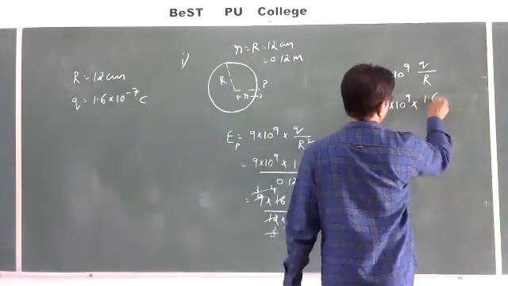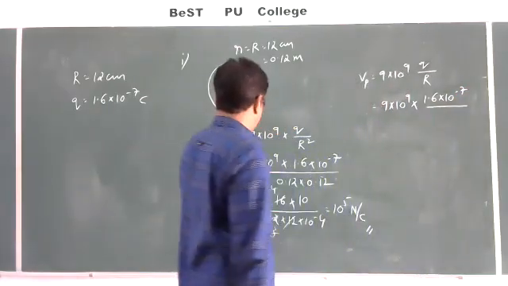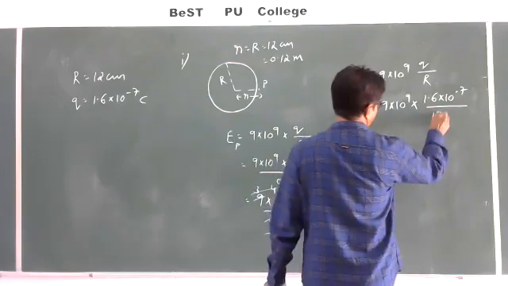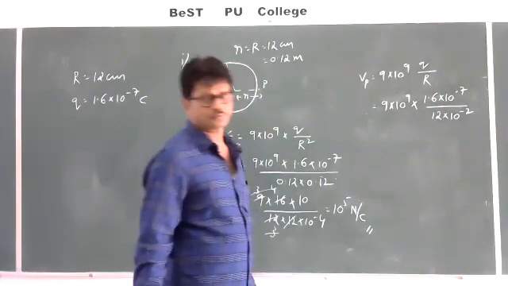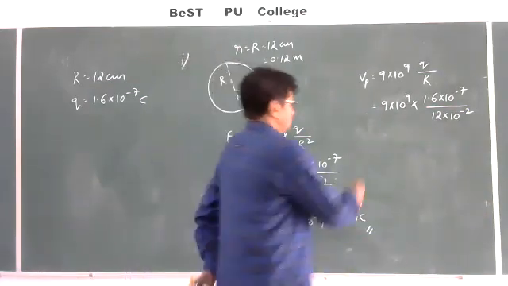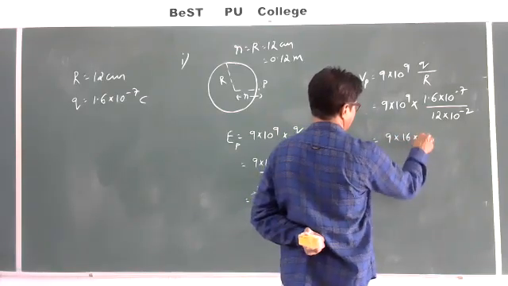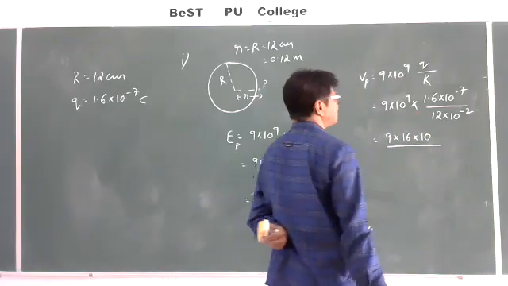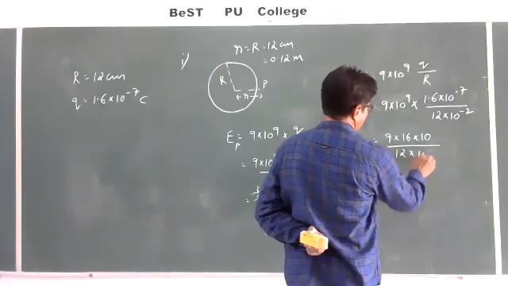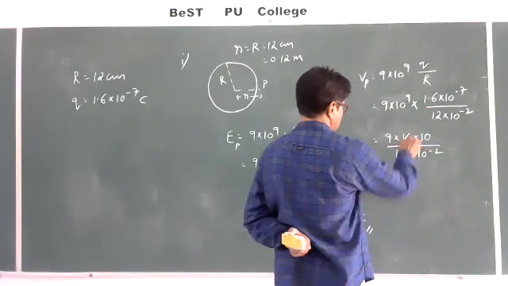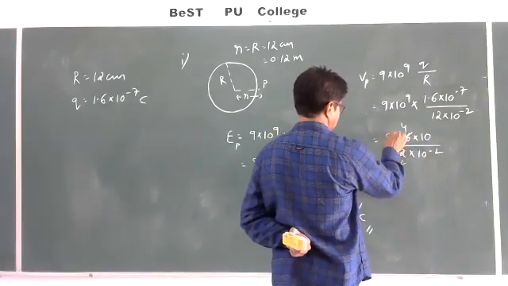Q value is 1.6 into 10 to the power of minus 7 divided by capital R value 12 into 10 to the power of minus 2, which is equal to 9 into 16 into 10 divided by 12 into 10 to the power of minus 2. 3 fours, 4 threes, 3 threes, 3 nines.